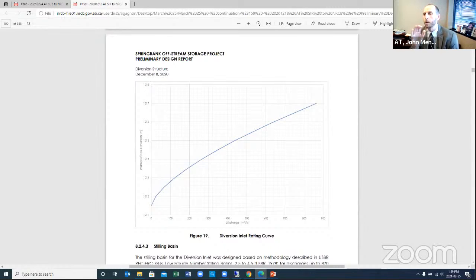Well, I'm sorry. Let me rephrase that. The bridge goes in front of the gates, not over top of the gates. In front of. And does the bridge then operate as a barrier to flow above a water surface elevation of 1215.5? Does it operate as a barrier to water flow?